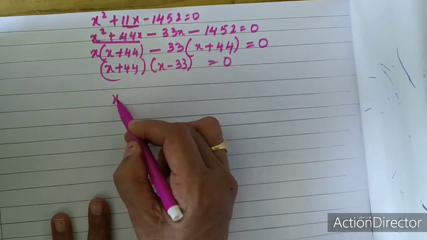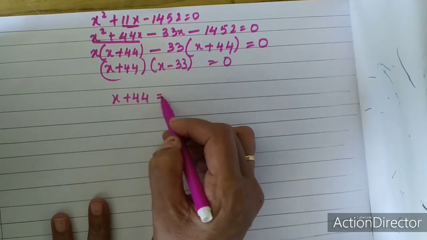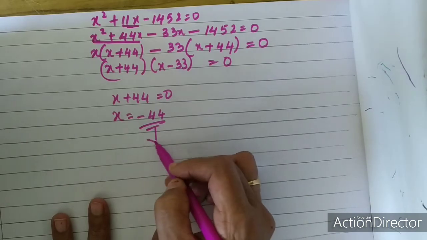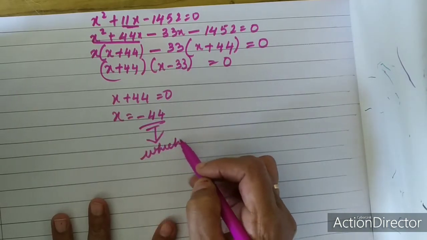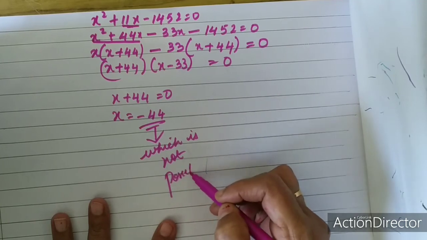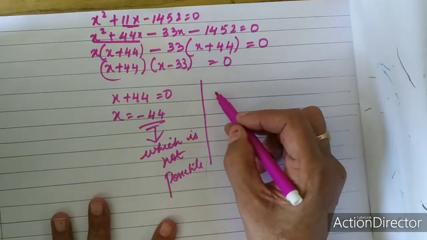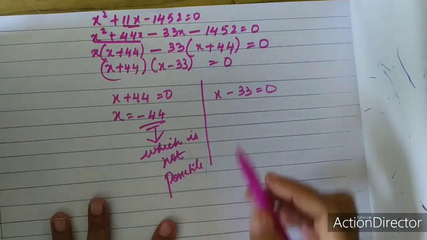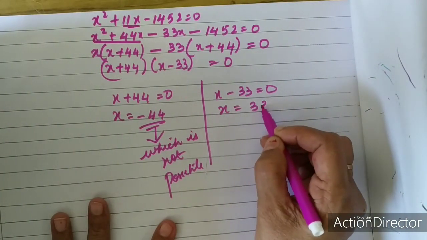So first equating x plus 44 as 0, we are getting x is equal to minus 44, which is not possible because speed cannot be negative. Now coming to the second part, x minus 33 is equal to 0. Therefore x is equal to 33.